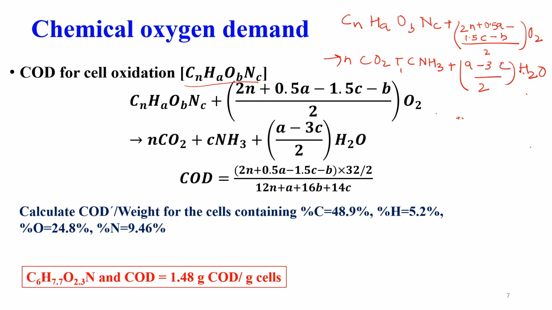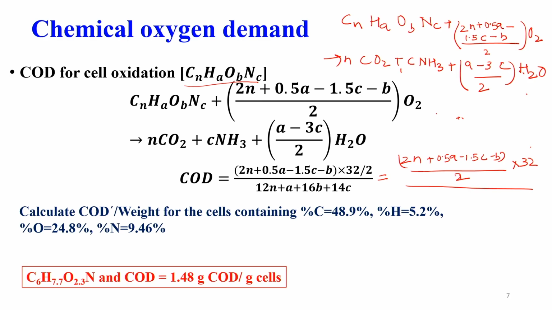So this is the stoichiometric coefficient for oxygen. If you know it, I can directly write the COD, the chemical oxygen demand, which is how much oxygen is required: 2n plus 0.5a minus 1.5c minus b, divided by 2, multiplied by the molecular weight of oxygen, 32 grams.